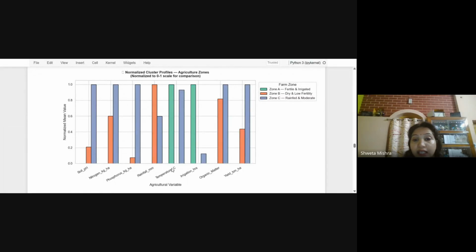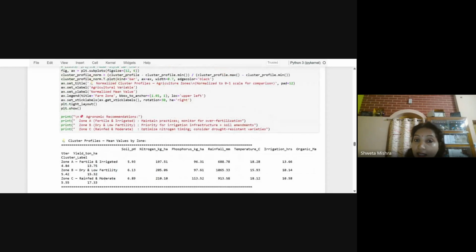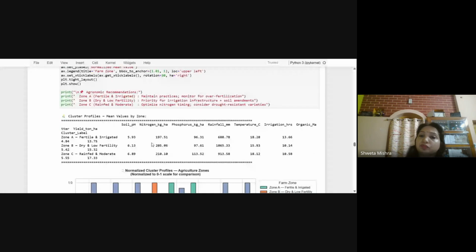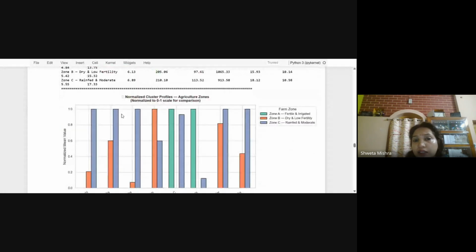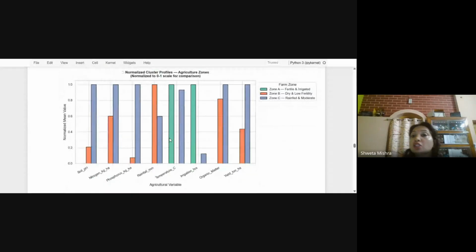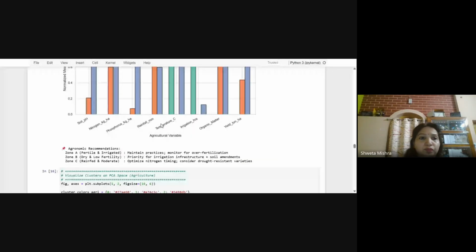While for the temperature variable, you can see we have zone A and zone C, but there is no dry and low fertility zone. Why? Because we have already divided the farms into different clusters, and based on that we can easily visualize the data instead of in tabular form.